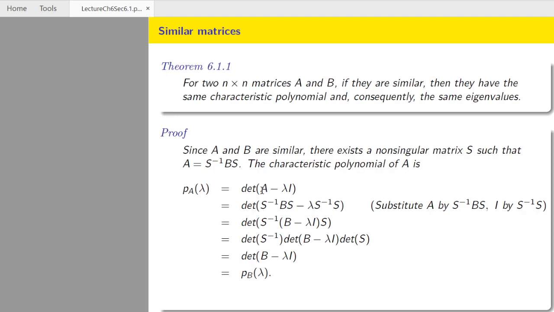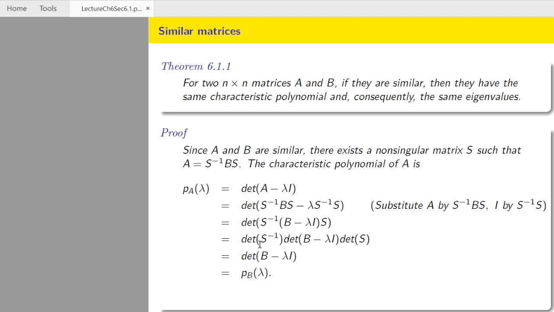Then we substitute A by S inverse times B times S, and the identity matrix I by S inverse times S. Both terms share the factors S inverse and S, so we can rewrite this difference as S inverse times the bracket of B minus lambda I, then times S. The determinant of a product of three matrices equals the product of the determinants taken separately.